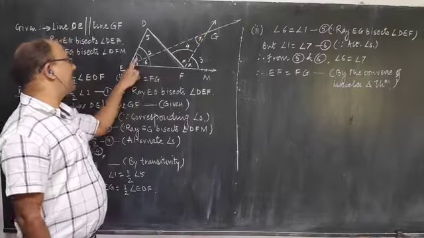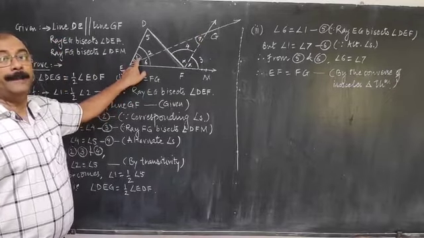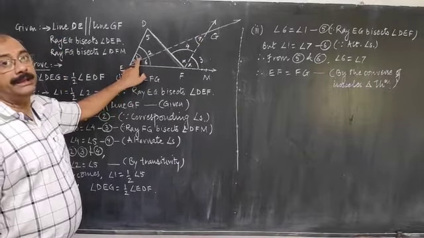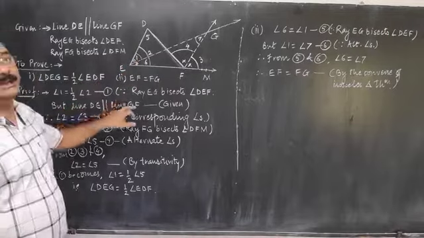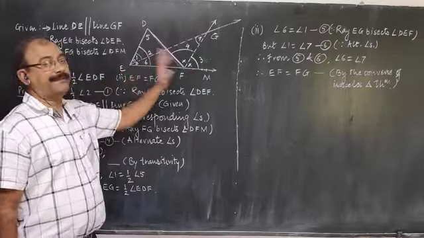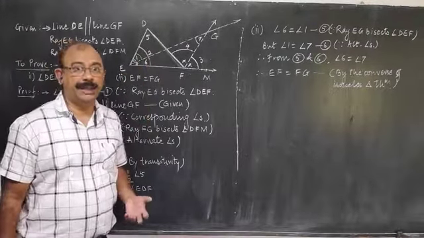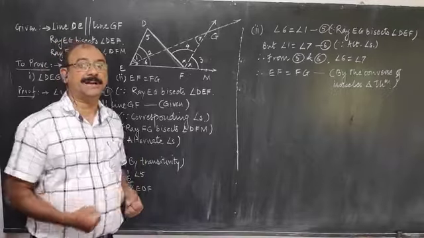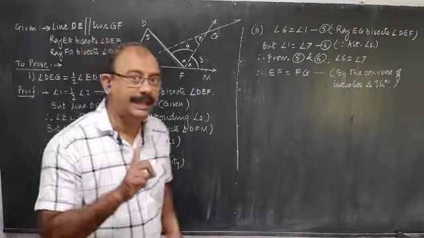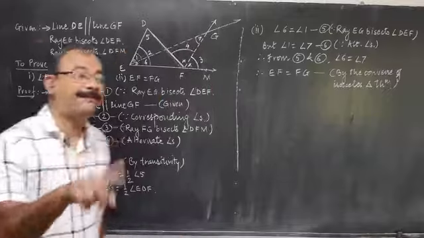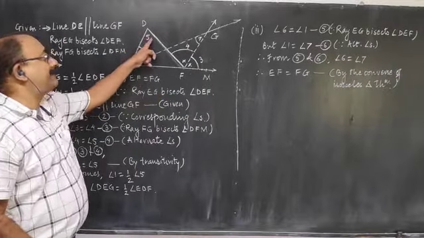I have numbered the angle DEG as angle number 1. Angle 1 is half of angle EDF. That means, according to the numbers I have written, we have to prove that angle 1 is half of angle 5.